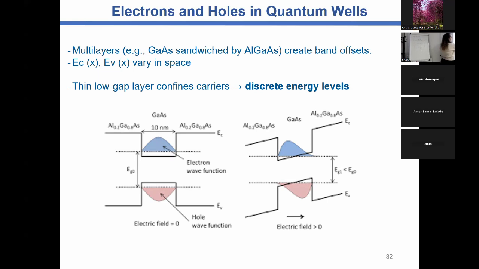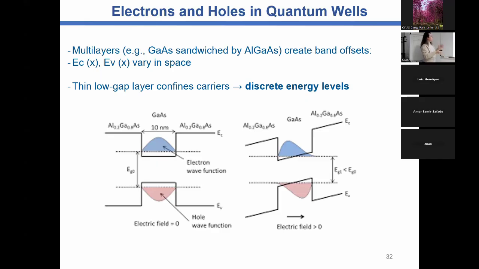For instance, I want to build just 10 nanometer of gallium arsenide. So it means that I will confine the electron inside this potential. So we can build this quantum well or quantum dot using this confinement, and we can limit the energy of the electron inside this potential.